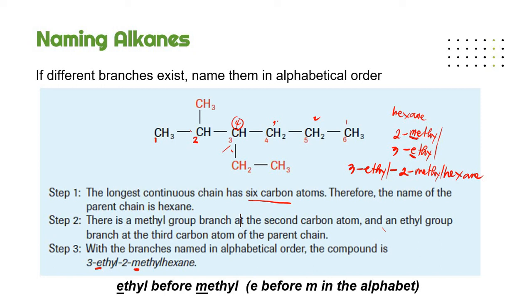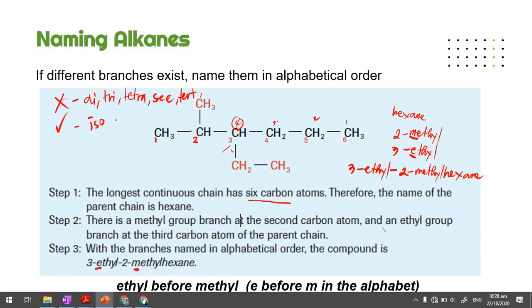Okay, so ano siya ha? When you alphabetize, do not include the tri, tetra, and so on, and also the sec and the tertiary. For those that are included, we have iso and also cyclo.